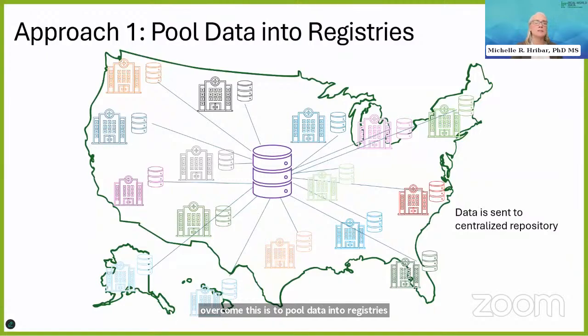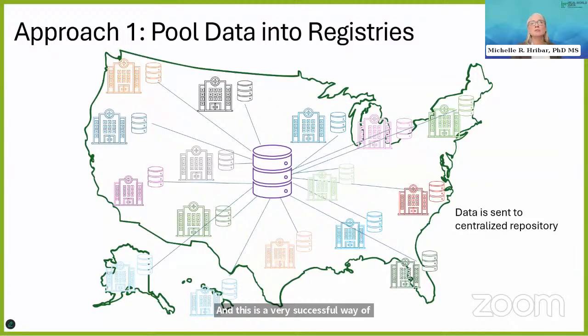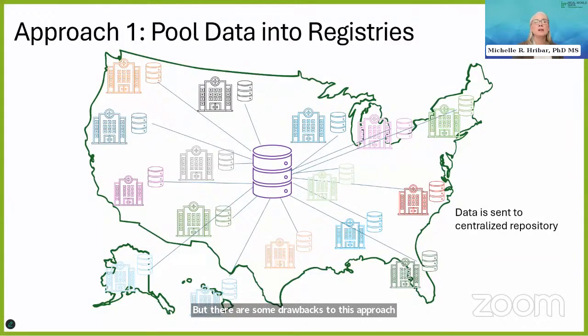And examples of this are the IRIS registry, the SOURCE consortium. And this is a very successful way of pulling together data and having our researchers be able to access data in one centralized location. But there are some drawbacks to this approach, and we've mentioned before extensive legal and privacy concerns or agreements that have to be signed, but also it can limit scalability.